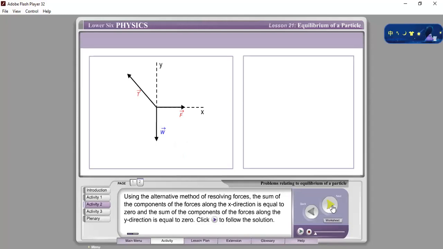Using the alternative method of resolving forces, the sum of the components of the forces along the x direction is equal to 0, and the sum of the components of the forces along the y direction is equal to 0. Click Continue to follow the solution.